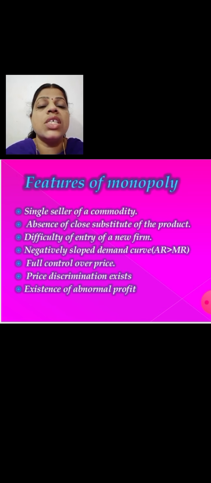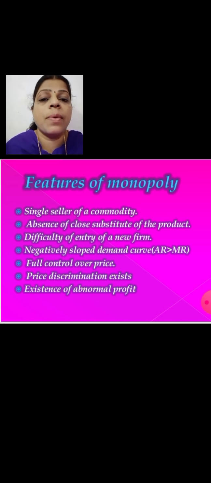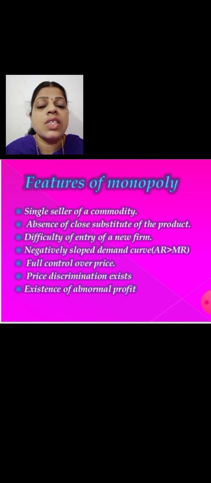The next one is features of the monopoly. So we have discussed the first market form, that is perfect competition. The second one is monopoly. What are the various features of the monopoly? The first one is a single seller of a commodity.